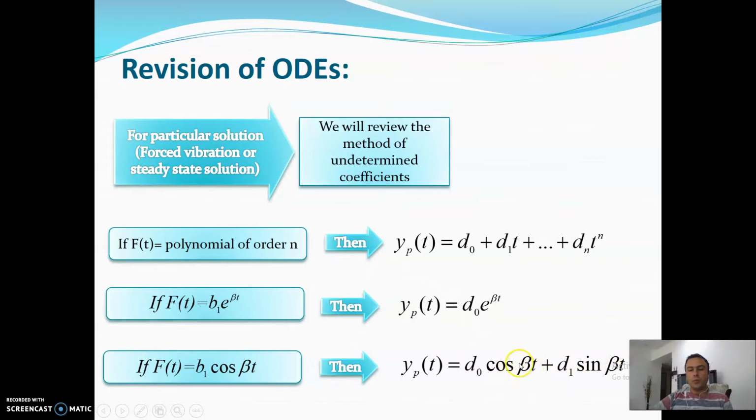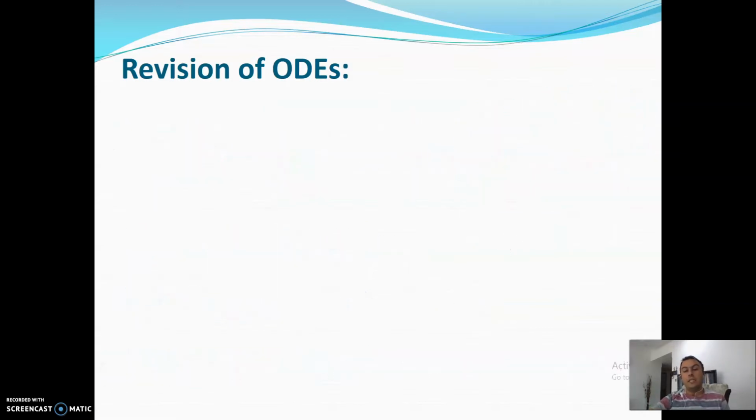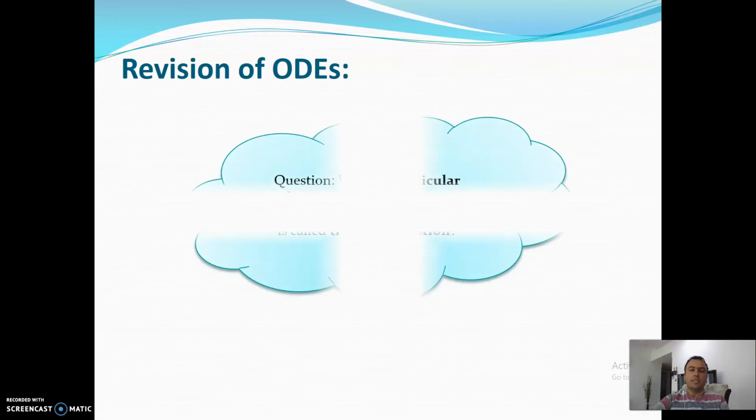It's very important, both of them should be at the same frequency, with two constant coefficients d0 and d1. Again, to find d0 to dn, we should substitute this particular response into the main equation and find these constant coefficients. Okay, and this is the total procedure to find the particular and homogeneous response, especially for second order ordinary differential equations, and we need these solutions for vibration or MM366.